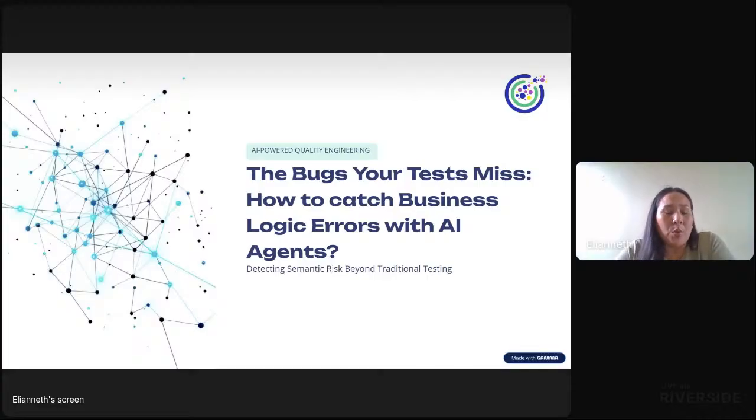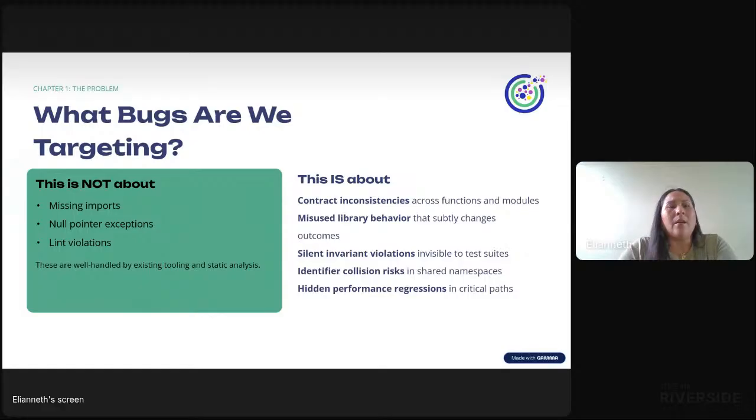So for today, we're going to be focused on how we use Box Test Smith, and how to catch business logic errors with AI agents. This webinar is not going to be focused on linting or formatting errors.